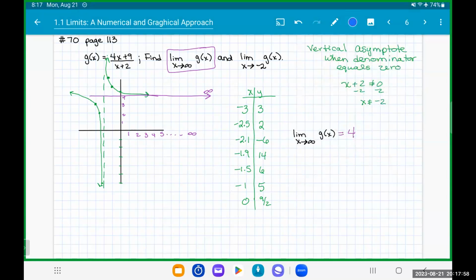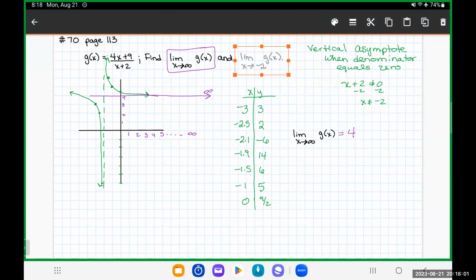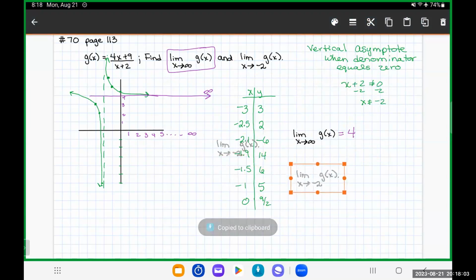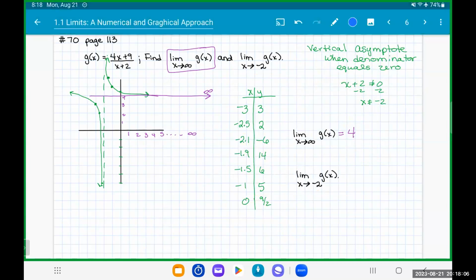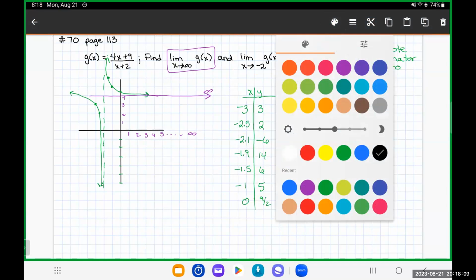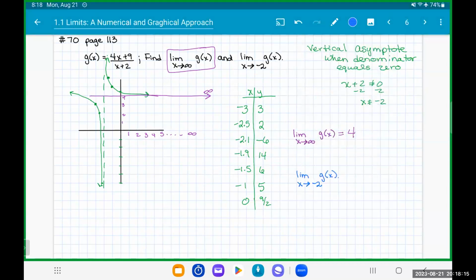Similarly, let's make that blue. Now we want to look at as x gets closer to -2, that's that asymptote, right? We need to look at it from the left and from the right. So let's look at it from the left first.